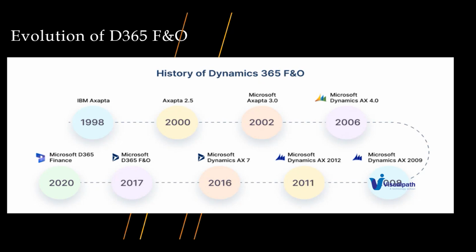But when I compare Finance and Operations to AX 2009, the first and foremost thing I have to explain is the user interface. Dynamics 365 Finance and Operations is more user friendly. The second is that it has more functionalities than AX 2009.